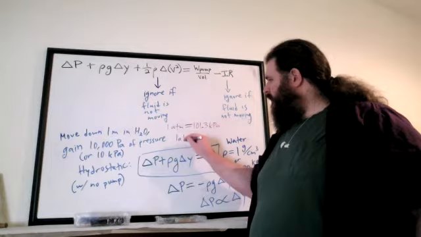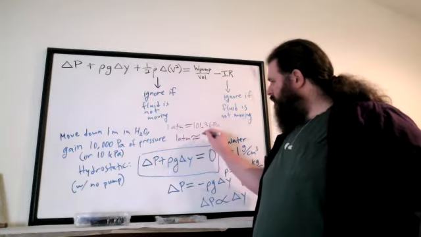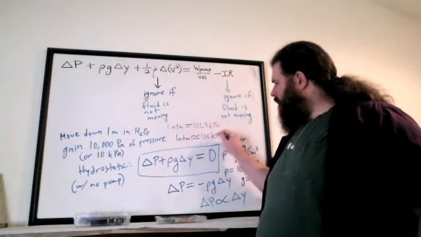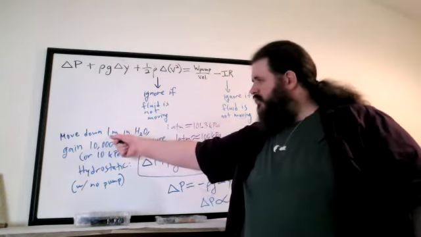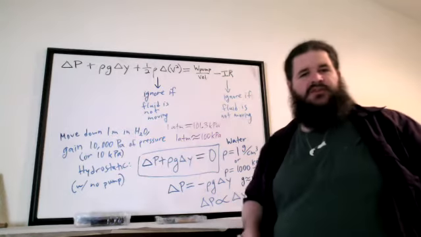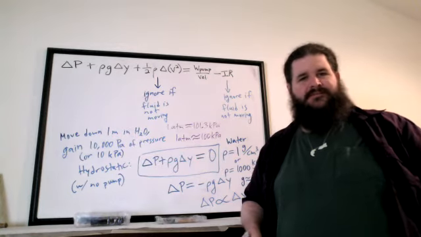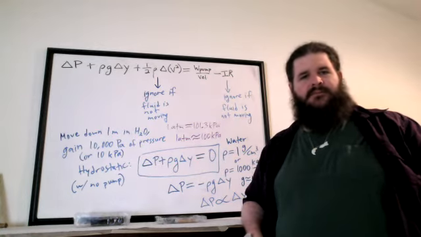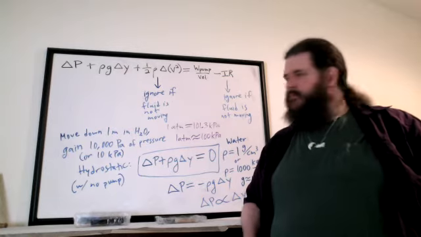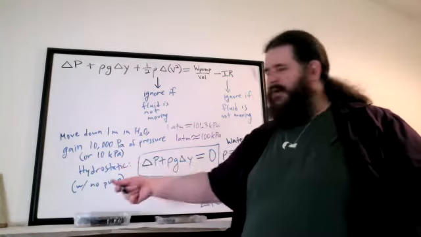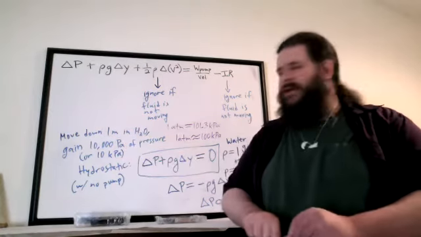But if we round that off to about 100, how many meters down do you have to go to gain an extra 100 kilopascals of pressure? 10 times more? Yeah, you'd have to get 10 times that much. In other words, you'd have to go down 10 meters.